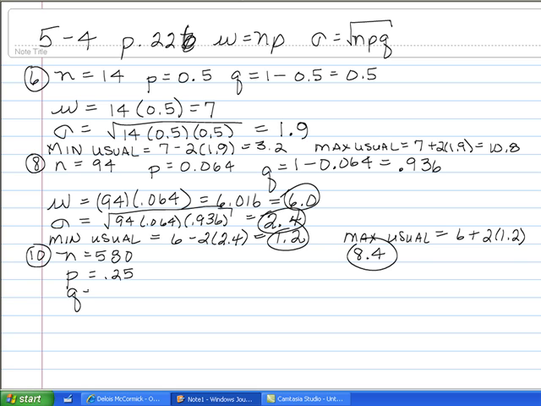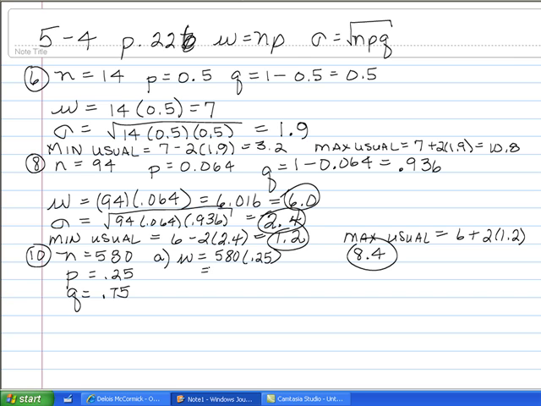Okay, so let's see what we do in part A. Find the mean and standard deviation for the number of yellow peas. So the mean would be 580 times 0.25, which is 145.